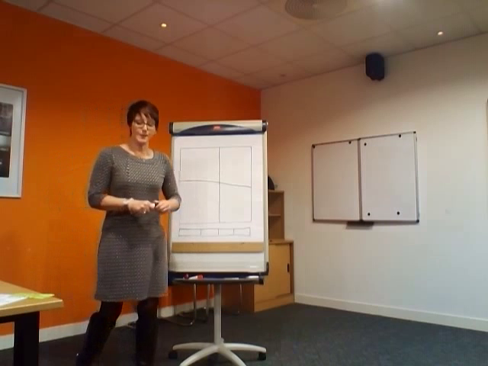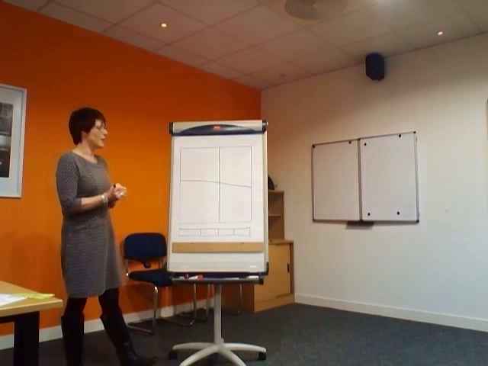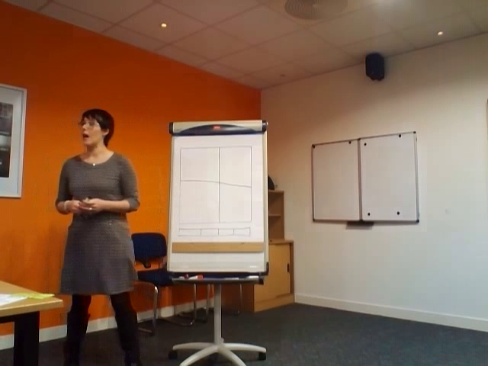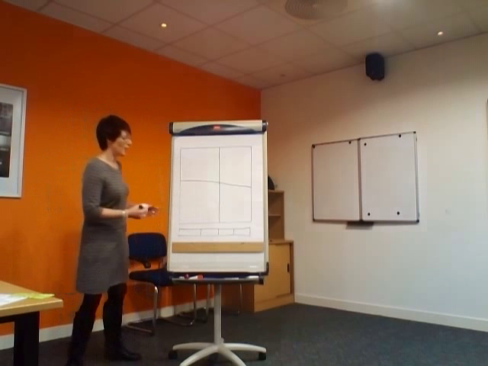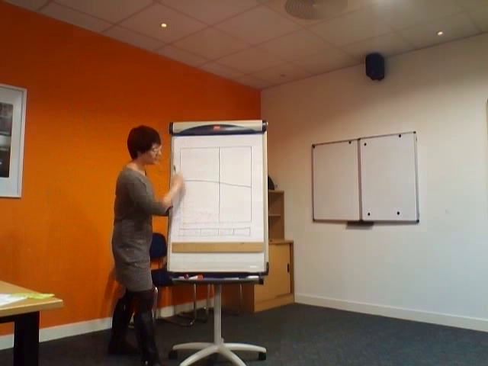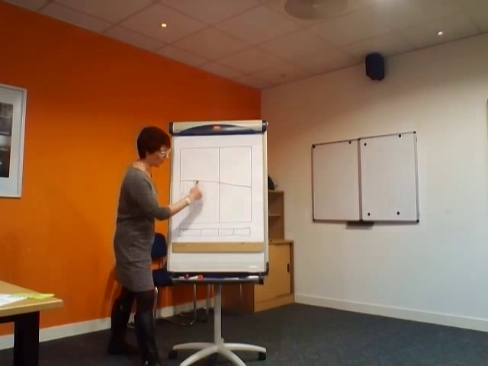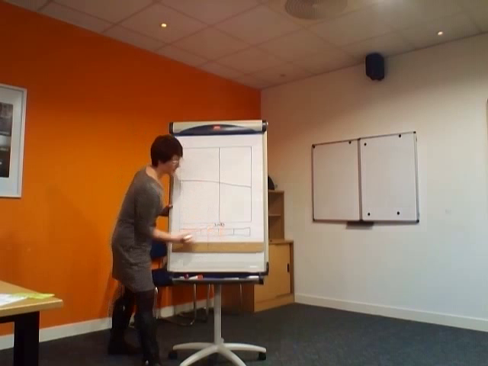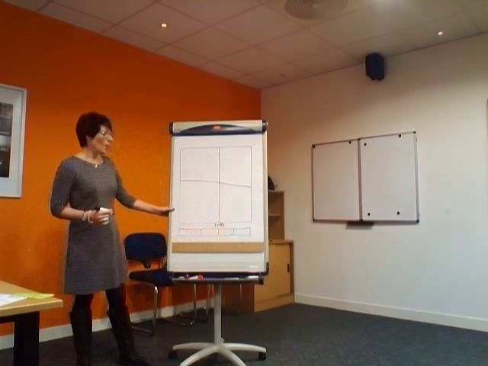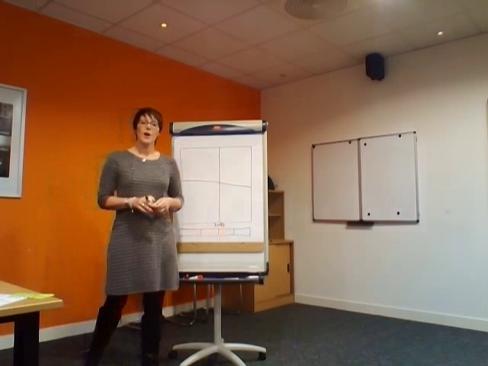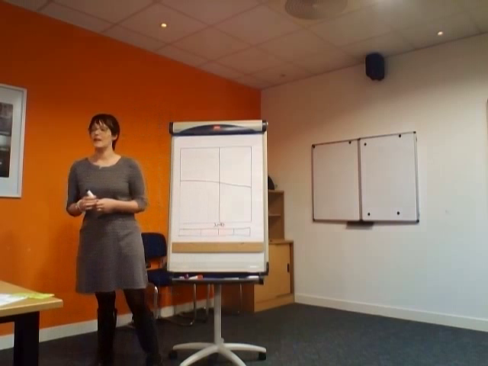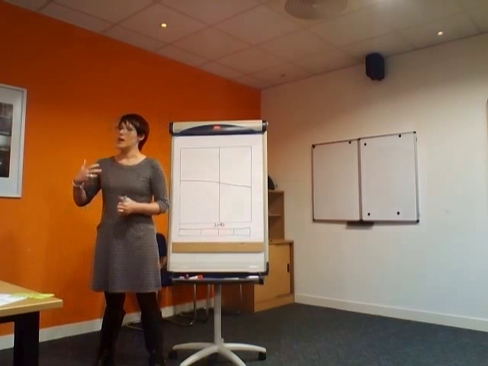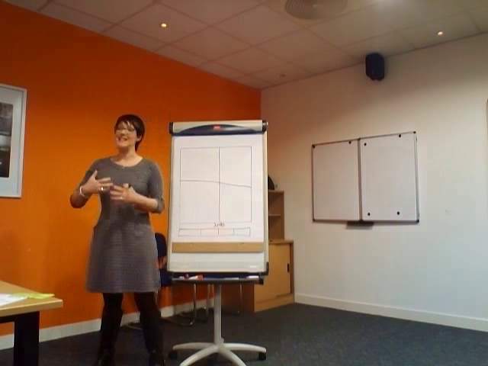Okay, so influence is divided into 2 separate behaviours, one being task and the other being relationship. So at the bottom of our square here, or our quadrants here, I'd like you to write the word task. Okay? When we talk about task, this is to the extent that the leader is engaging in defining roles, setting the parameters, providing the detail.